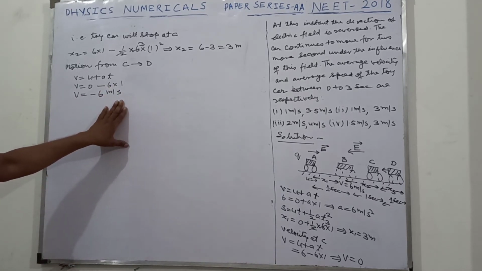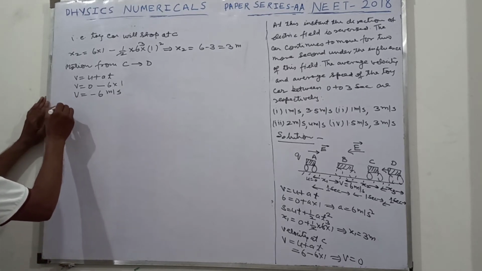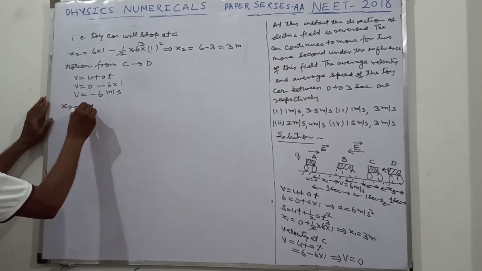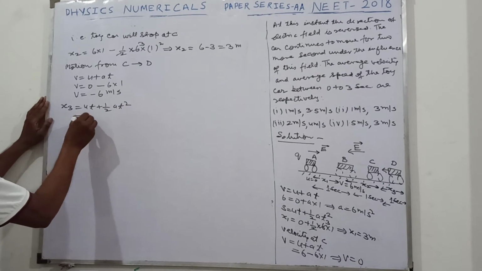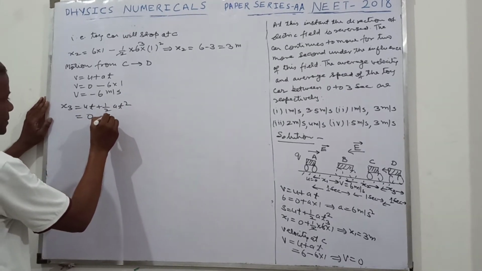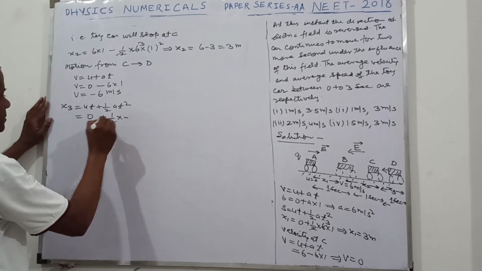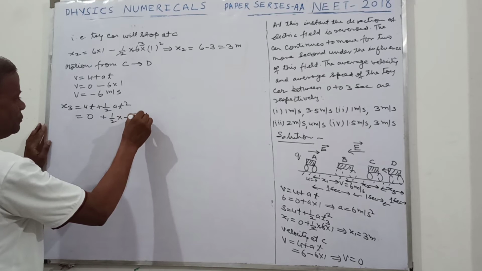Now again the distance will be how much? Distance x3 is equal to ut plus half at square. Again apply the formula. u is equal to 0 plus, now this is your 1 by 2, a is minus 6, and t is equal to 1.